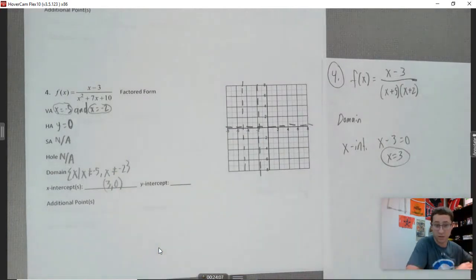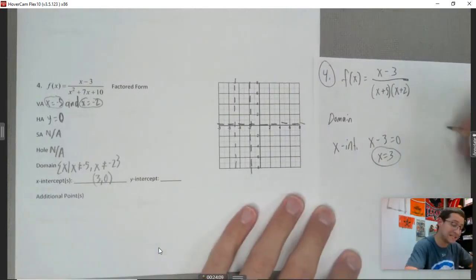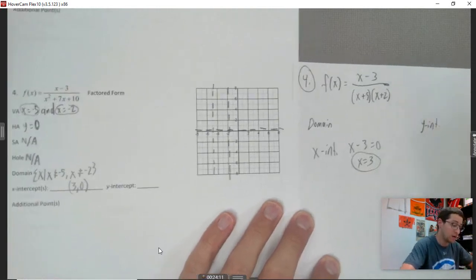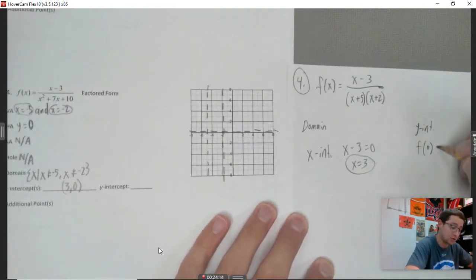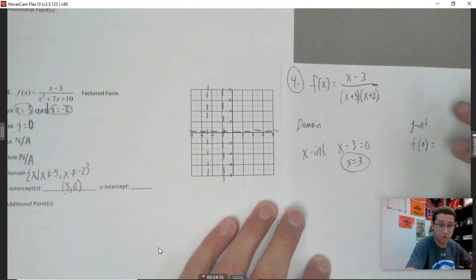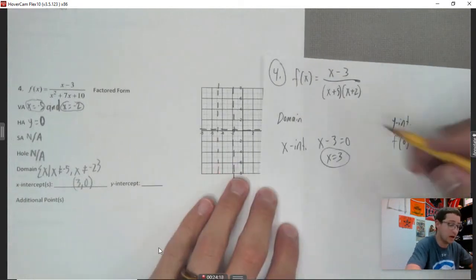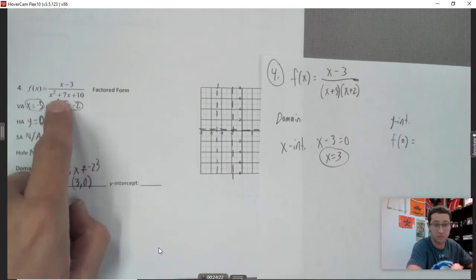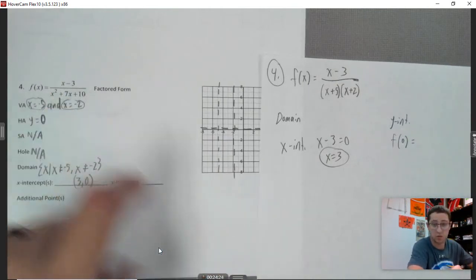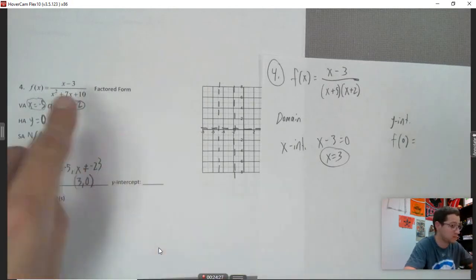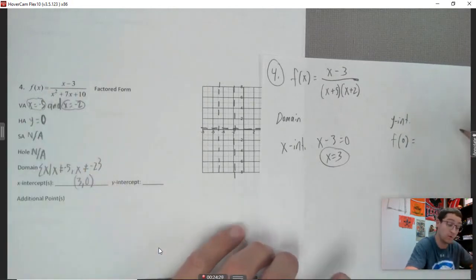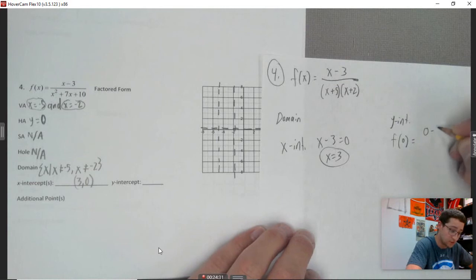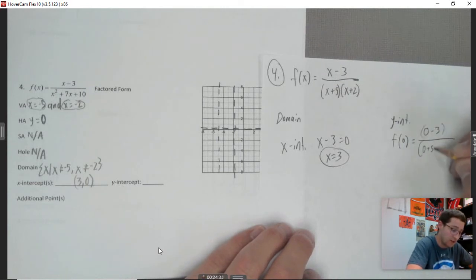Okay, y-intercept. Y-intercept is where we will plug it into the actual equation, so f of 0. Personally, I'm going to plug this into factored form. I don't like dealing with the other form, so I like factored form better, but technically you can do whichever you feel more comfortable with. So we've got 0 minus 3 on top, and on the bottom we've got 0 plus 5 and then 0 plus 2.